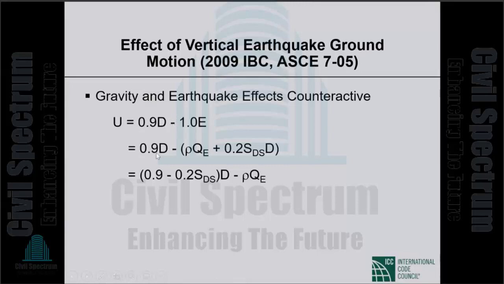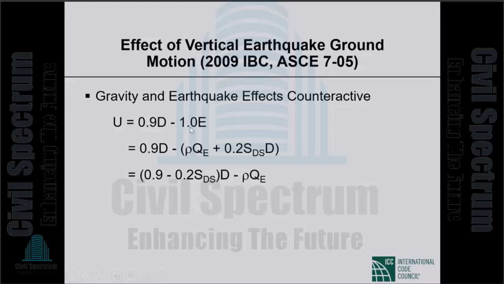So in this load combination, the 1.0 E is taken as rho times Q sub E minus 0.2 S sub ds times D. We consider vertically upward earthquake ground motion. And then we get 0.9 minus 0.2 S sub ds as the dead load factor plus rho times Q sub E.